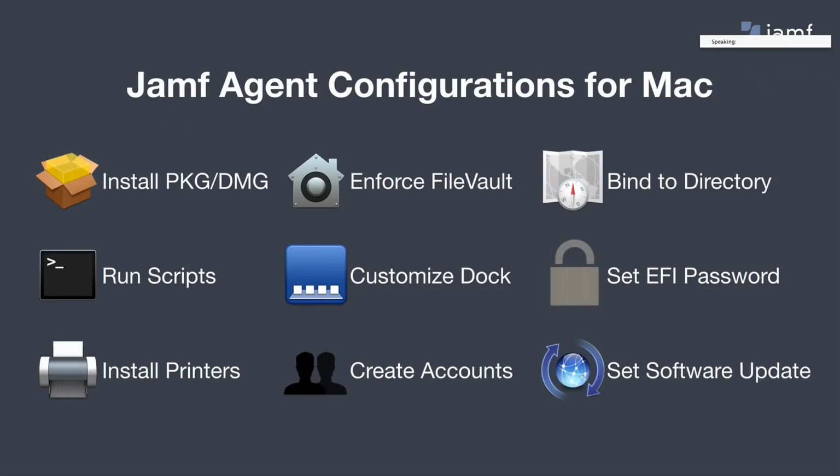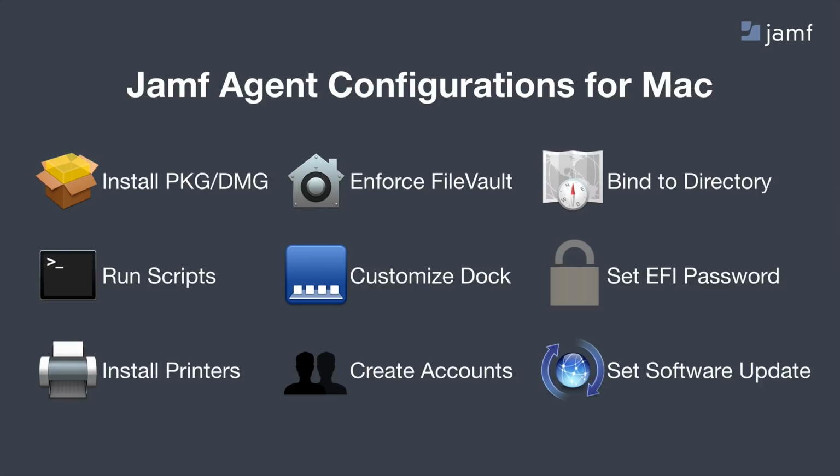Here's a list of a few things that the agent is capable of doing. Install custom package software, enforce FileVault settings and actually escrow those keys, bind your Macs to a directory, run custom scripts. Anything that can be put into terminal can become a script. Set your firmware password, modify user accounts. So maybe you want to remove admin rights from everyone or add local user accounts.